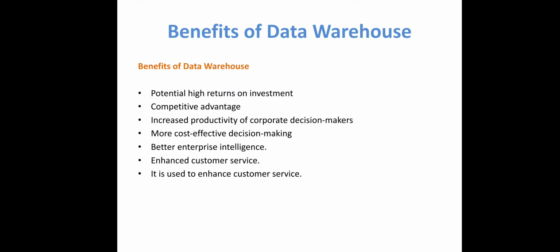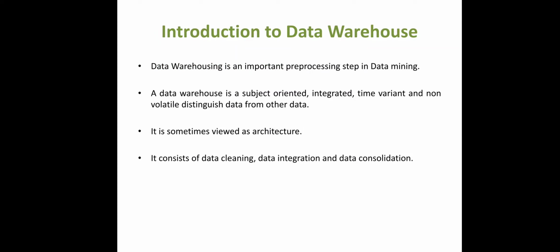So what are the benefits of the data warehouse? Before that, we have seen subject oriented, integrated, time variant and non-volatile. What do these terms exactly mean? Subject oriented means all relevant data about that subject is gathered and stored as a single set in a useful format. Okay, so that relevant data is gathered and stored into a single set of useful format, that is called subject oriented data.